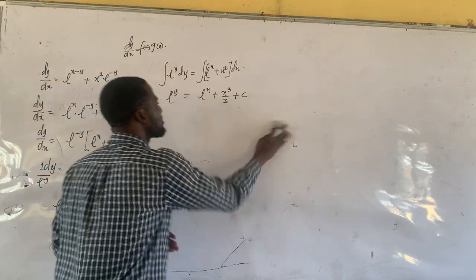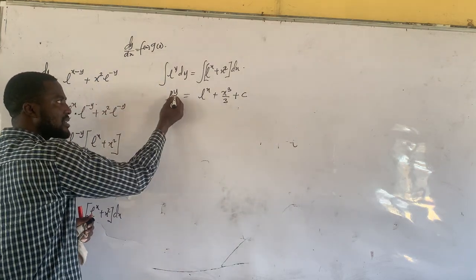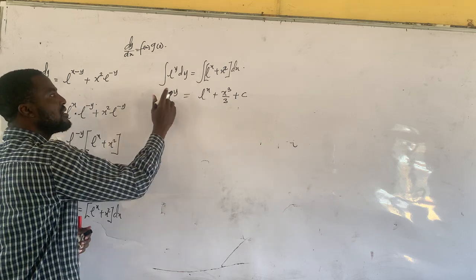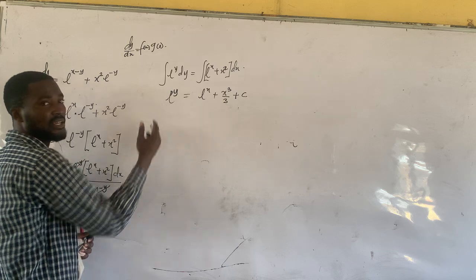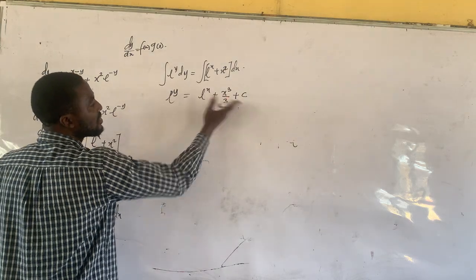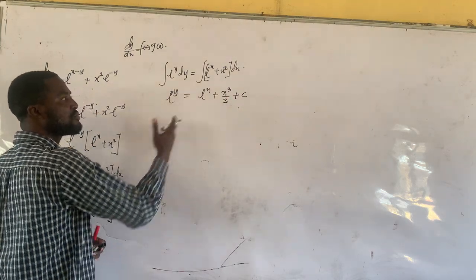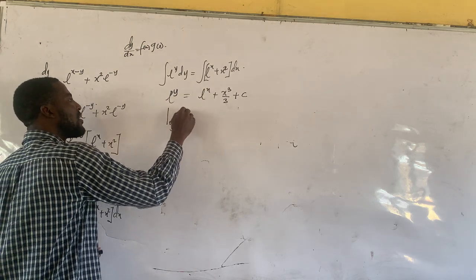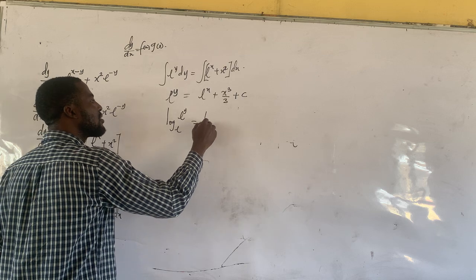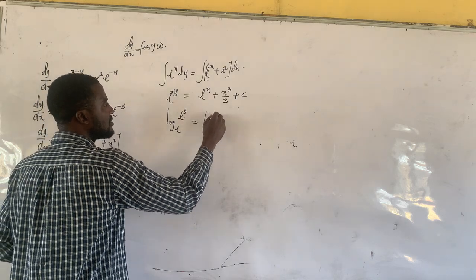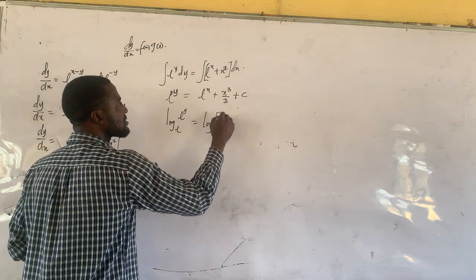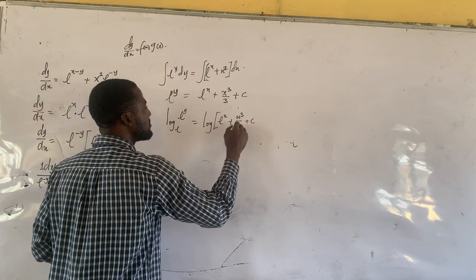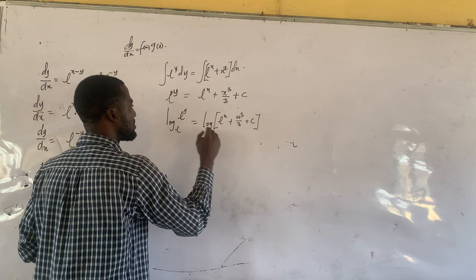Or you may want to bring this y down. So what you do is apply log to base e to both sides of the equation, and this becomes log exponential y base e equals log of exponential x plus x cubed over 3 plus c, all of this to base e.